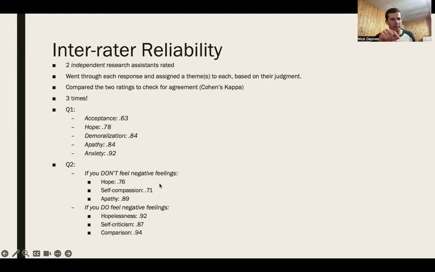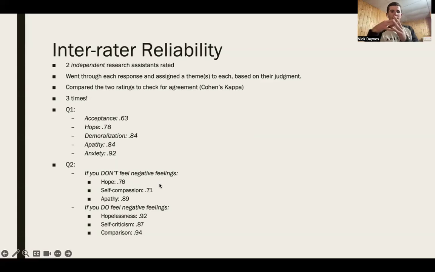And these independent research assistants went through each response and basically double checked. So they said, okay, response 1 would correspond with the theme of hope, or response 2 would correspond with both self-compassion and apathy. And they just went through. And then we had Rater 1 and Rater 2 do this. And we had to check.